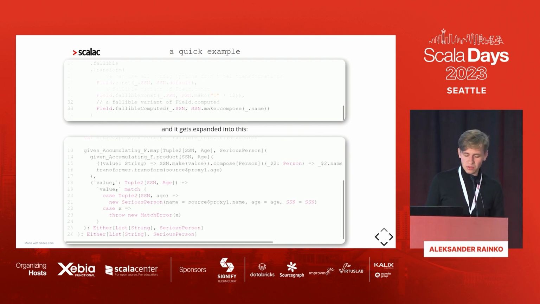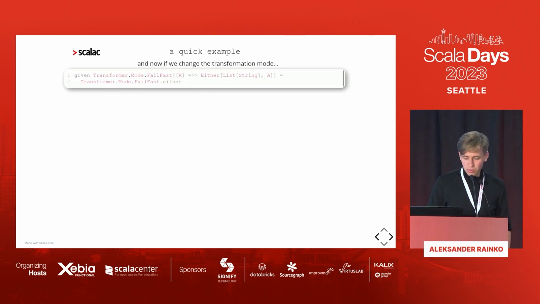So then the map method is used to decompose that tuple. It can be of any arity here. The macro can take care of that for you. So we use that to decompose the tuple and actually invoke the primary constructor of SeriousPerson in this case. And the result type of that is Either List[String] SeriousPerson. All that generated for us for free, almost for free.